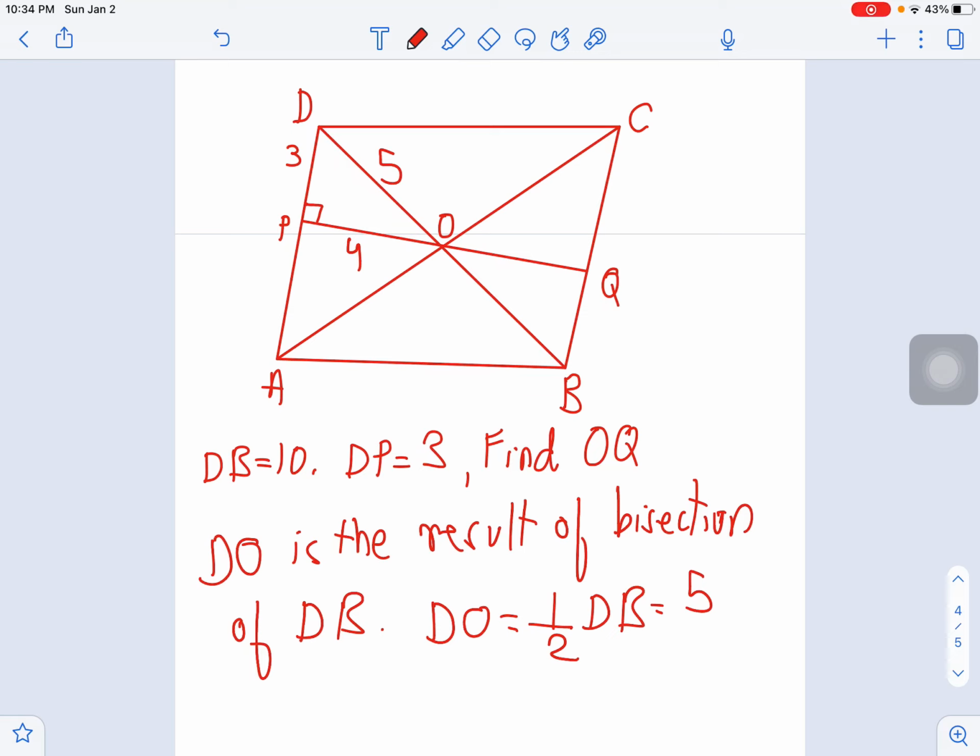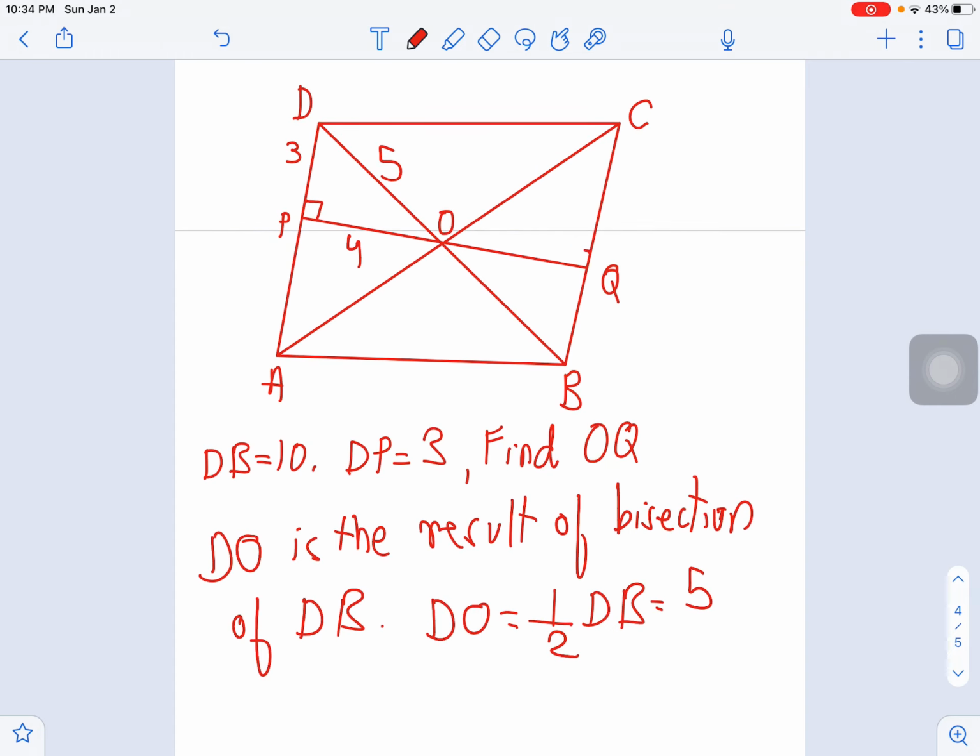And if PQ is the transversal to DP and CQ, it has to be perpendicular to CQ also. Why? Because the same side interior angles theorem comes into the picture, right? So you have PQ being perpendicular to BC.